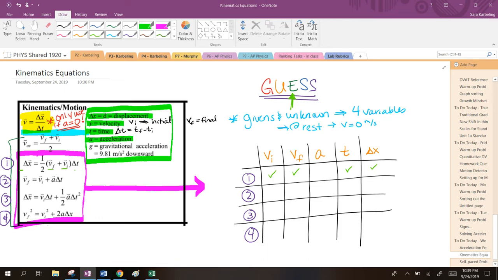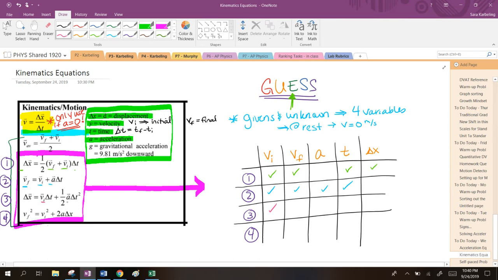Let's do equation 2. Equation 2 does have a VI. It also has VF. I can see there's an A in this one and there's a T. The thing that's missing in equation 2 is delta X, okay? I'll explain why that's significant in just a second. Another one, number 3, it has a VI as well. If you look at that equation carefully, there is no VF.